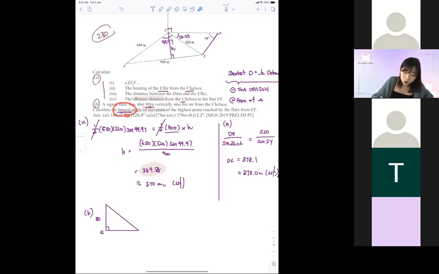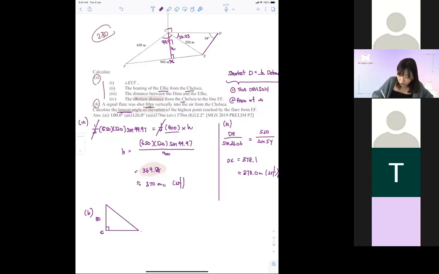So to achieve the largest angle of elevation, I must be at the point on EF nearest to C. Remember, nearest distance is also known as the shortest distance, which is the perpendicular distance. That means I'm standing here, so I put X here. I'm standing here so that the angle of elevation is the largest.